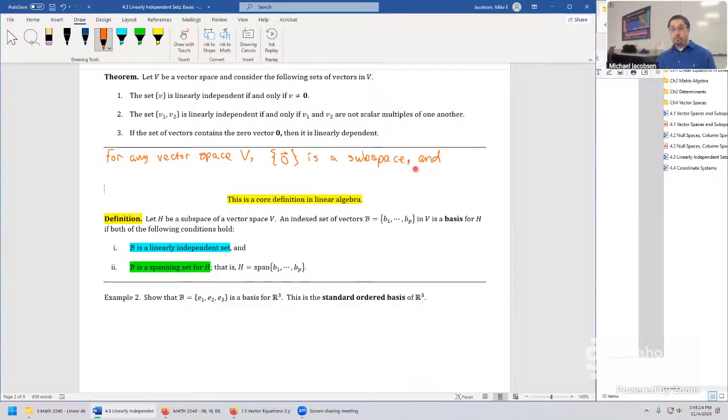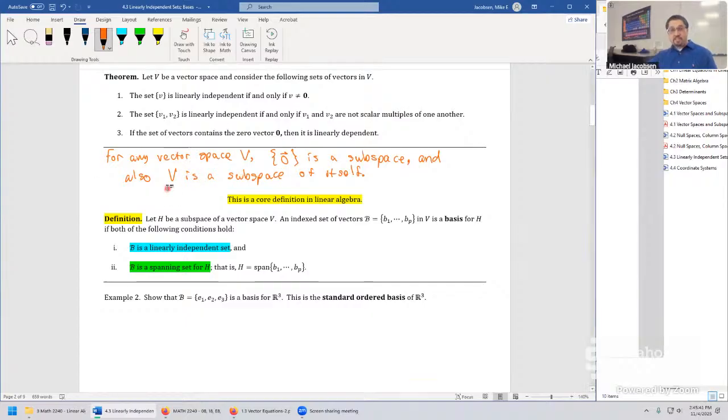And another one that's kind of weird is V. If you track it through the definition of subspace, it's also a subspace of itself. It's just the most uninteresting one. It's the whole space. But that definition allows for this. Also, V is a subspace of itself. Kind of a silly concept on that last one.